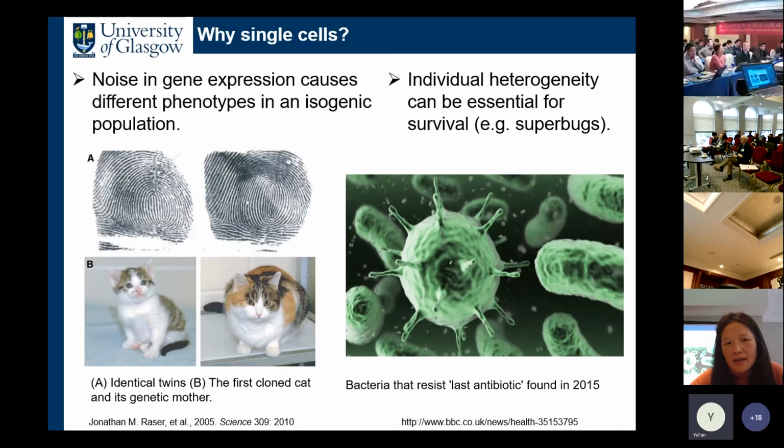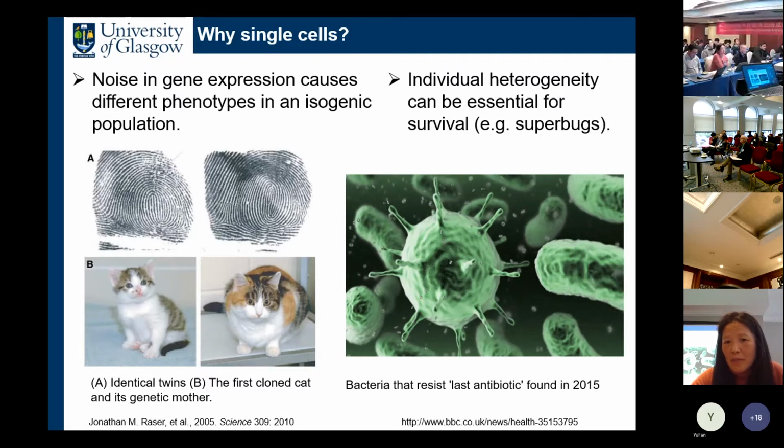We all start off as a single cell, and we are all different. Even identical twins have different features, such as fingerprints. We all know now that this individual heterogeneity exists universally, and it can be essential for cell survival.